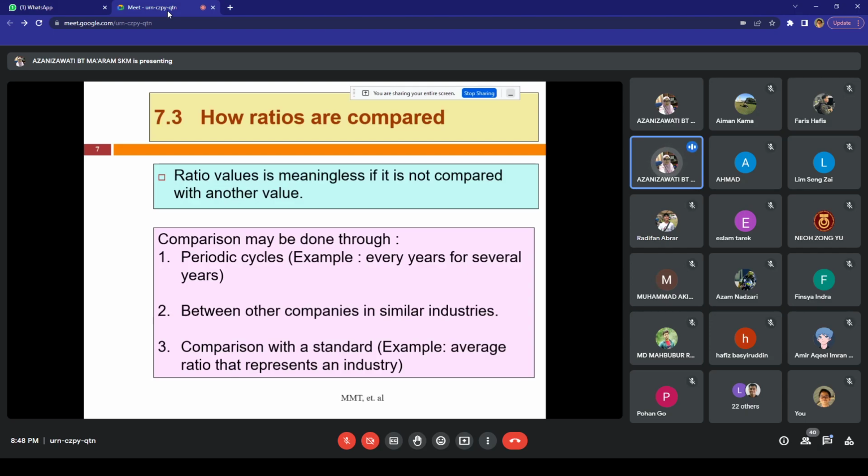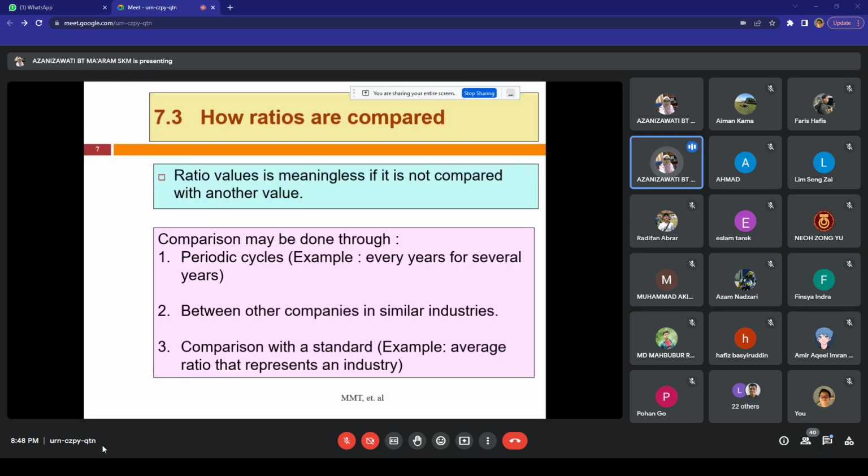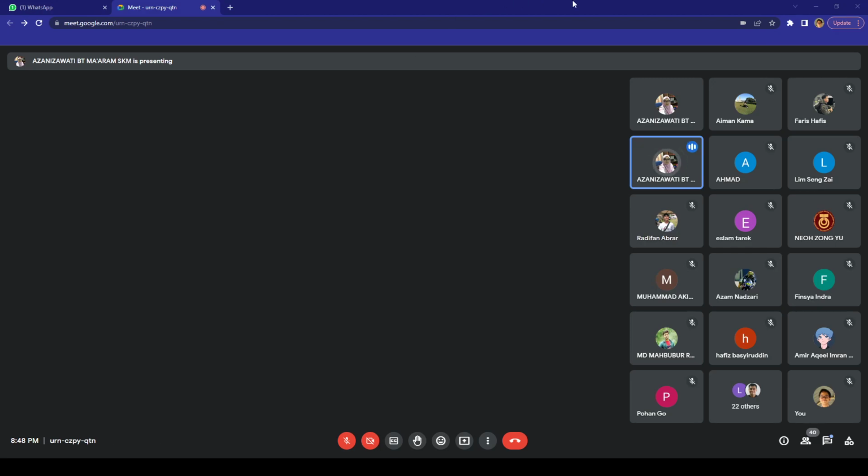So how are the ratios compared? Ratio values are meaningless if they are not compared with another value. If you only have one year of statements, let's say 2022, then that is meaningless even though you get the ratio. The ratio must be compared with another company or with the performance of the company in a different year.